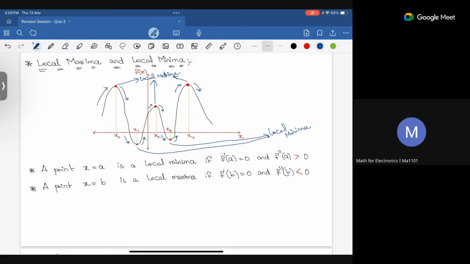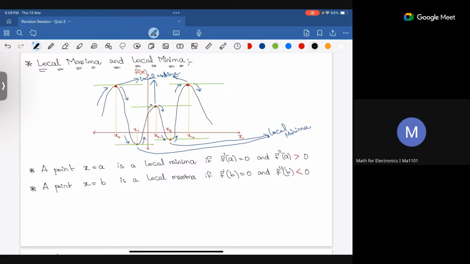From the graph itself, you can see that at these special points, if I compute the slope or the derivative value, it will be 0. You compute it at all these 5 points, it will give me 0.